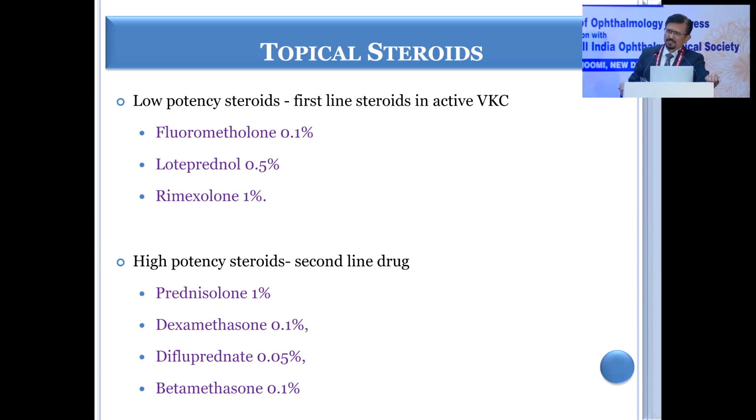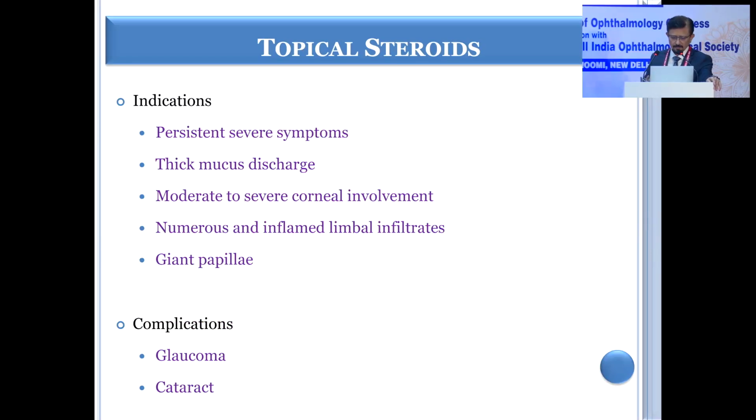Normally, whenever we give steroid, there's a general tendency that we should give high potent steroid so that it works well, and then we can taper off. But in cases of allergies, wherein you may have to use these steroids for a slightly longer period, in order to prevent the complications related to steroid, we start with a low potency steroid, and if it's not working, then we go to the high potency steroid for a short burst, and then come back to the low potency steroids.